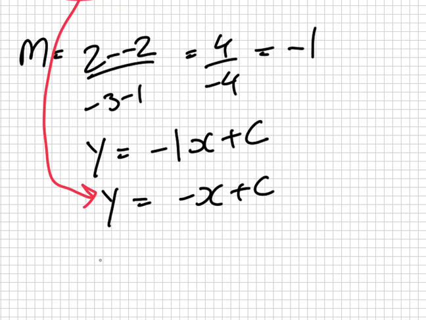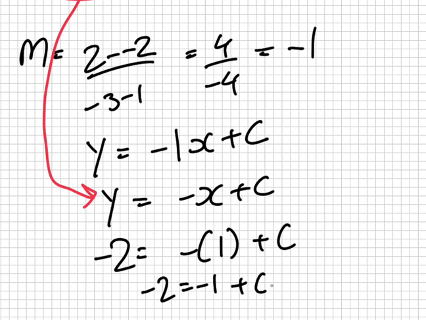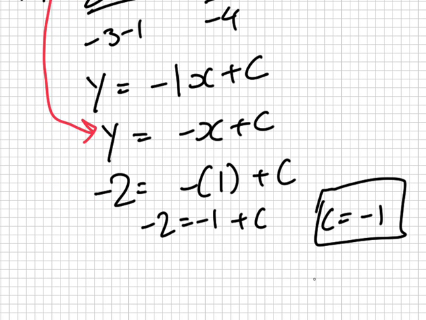So minus 2 equals minus 1 plus c. So c will equal minus 1. What did you get for c? Okay. Yep, minus 1. So we have our answer. Y equals minus x minus 1.